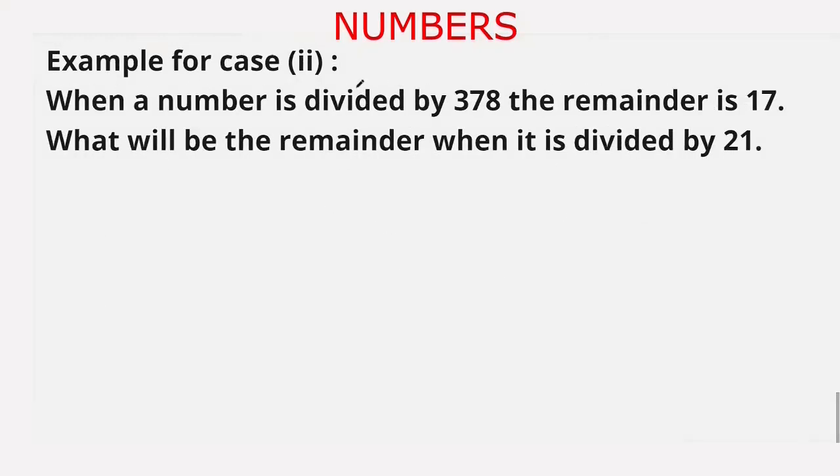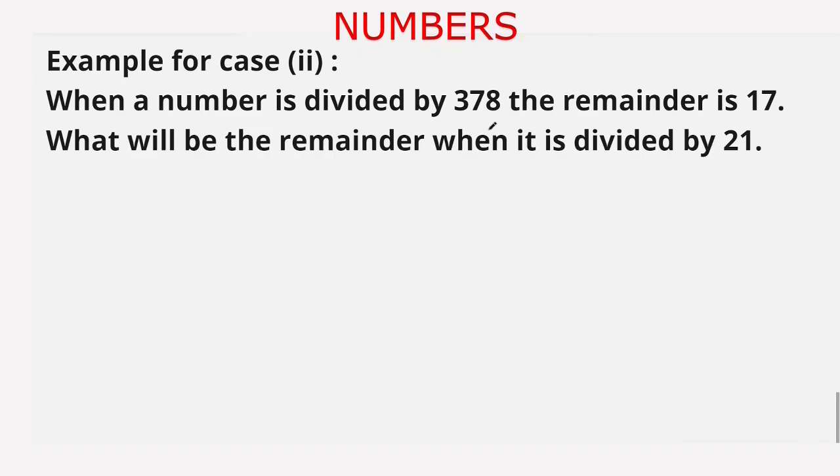Example for case 2. When a number is divided by 378, the remainder is 17. What will be the remainder when it is divided by 21? Here the dividend is not known to us.